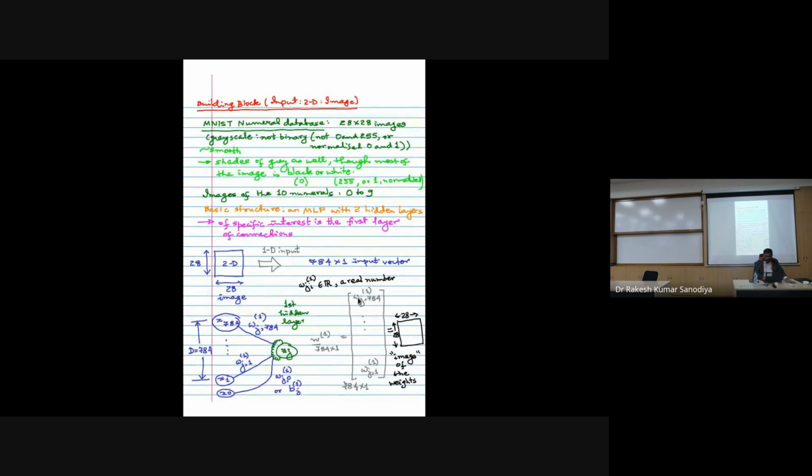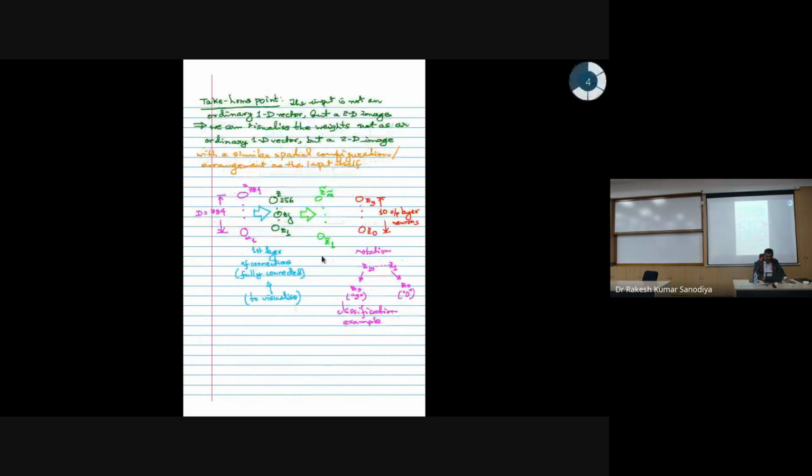I look at the numerical values of the weights as if they were a 28 cross 28 image. This gives me a way to visualize the weights, not as an ordinary 1D vector, but as a 2D image. This will help us in trying to understand some concepts.